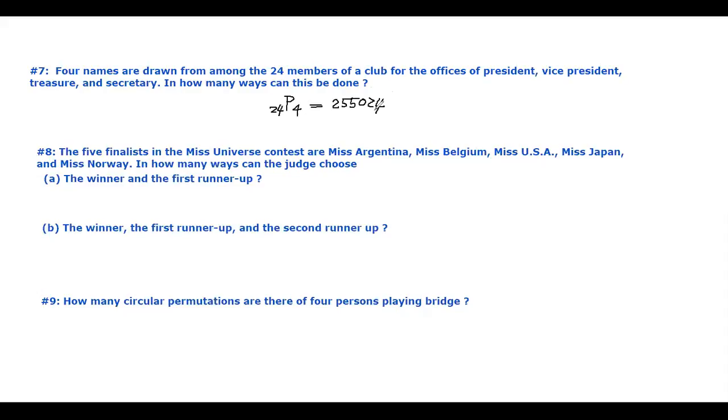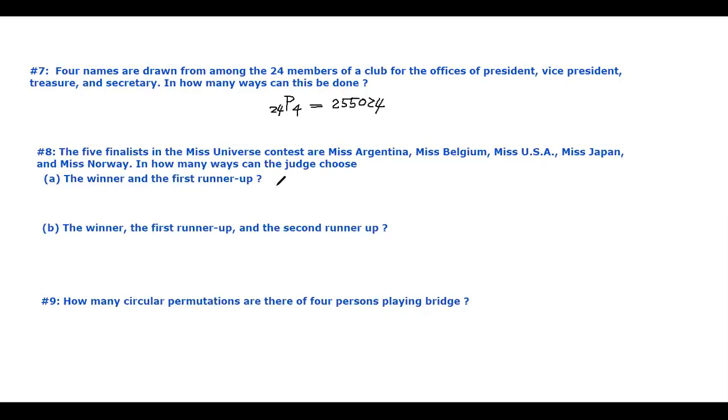And okay, so now let's take a look at number 8. In number 8, we have 5 finalists of Miss Universe: Miss Argentina, Belgium, USA, Japan, and Norway. We want to see how many ways the judge can choose. So right now, if I want to choose the winner and the first runner-up, do I care about the order?